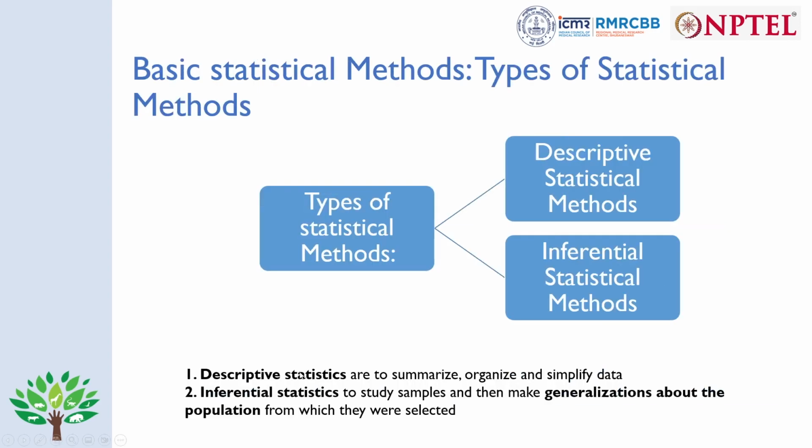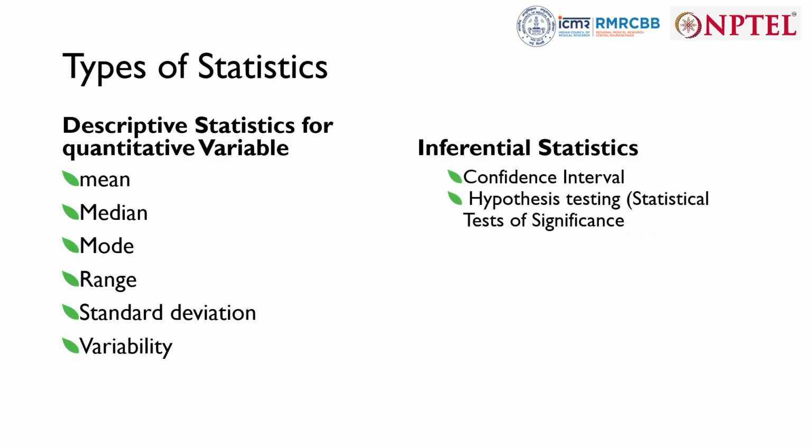The basic statistical methods which are used in different research are of two types: one is descriptive statistics, another is inferential statistics. Descriptive statistics are used to summarize, organize or simplify the data, and inferential statistics are used to study the sample and then generalize about the population from which it was selected.